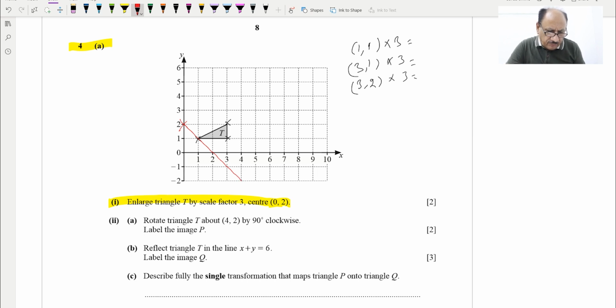Next, if we draw the straight line passing through these two points, it will be this, and then passing through this one will be basically here.